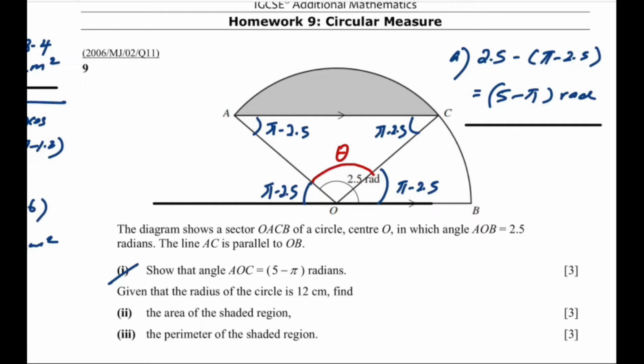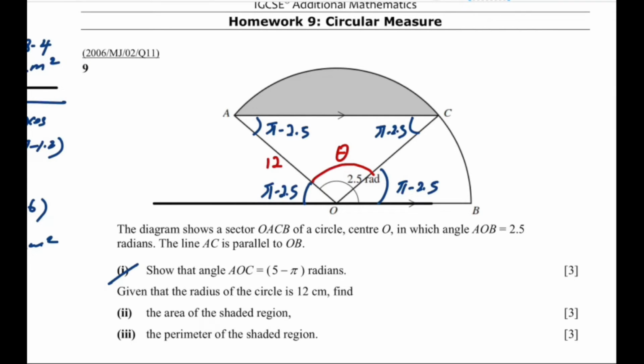Okay. Given that the radius of a circle is 12 cm. Let's label it as 12. Find the area of the shaded region. Quite simple. I have the area of the sector minus the area of the triangle, then I have the area of the shaded region. Okay, let's apply the formula. Area of sector ACO, 1 over 2 r square, r is 12.